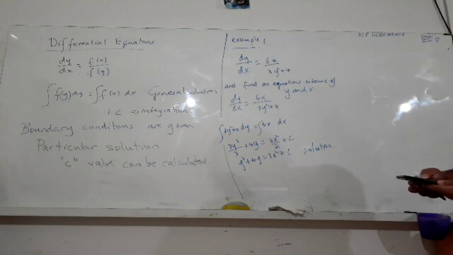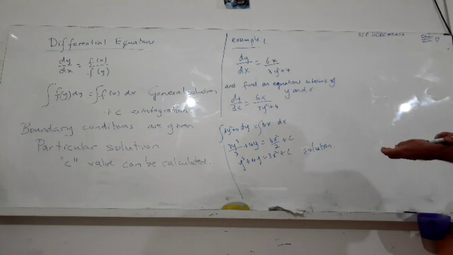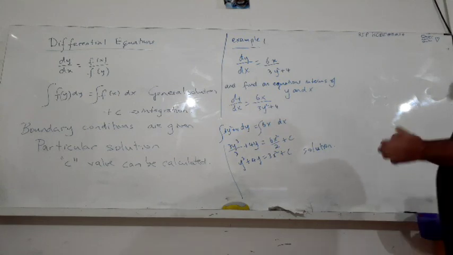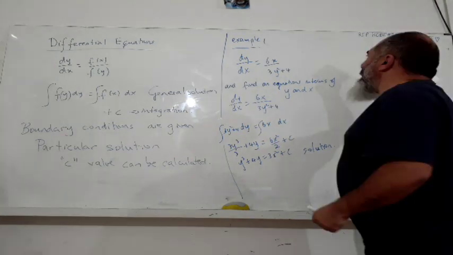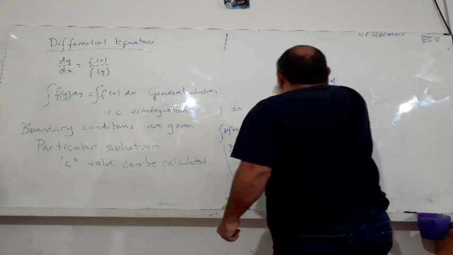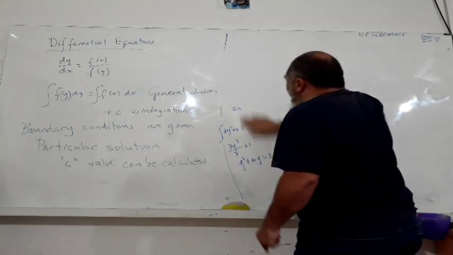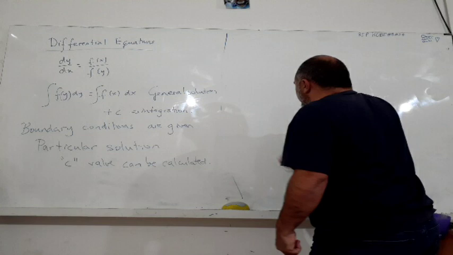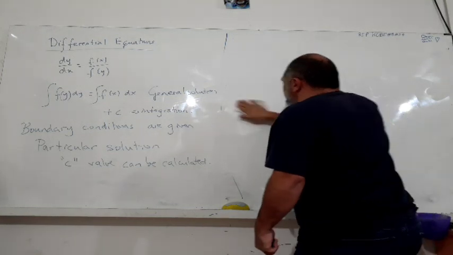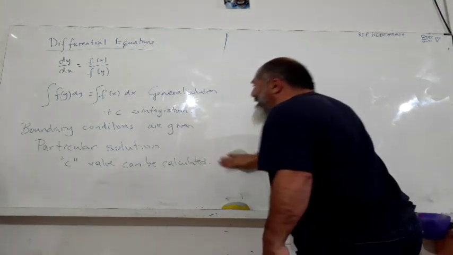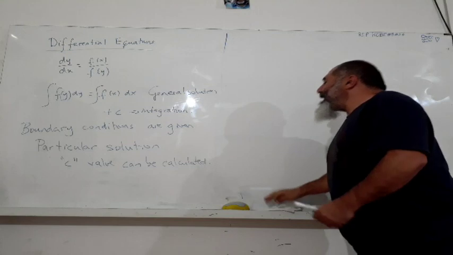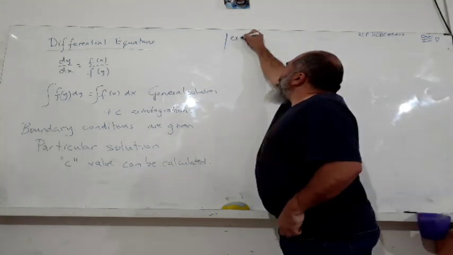Now, let's carry on with example 2. In example 2, I'm going to give you a case which is a little bit special. You have to be careful about c. And in this question, we are not going to have a c.